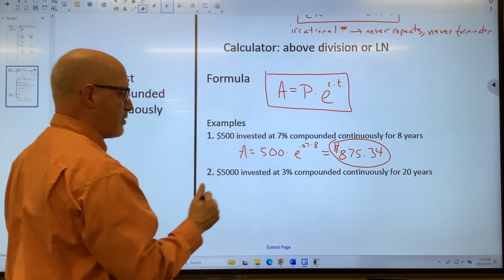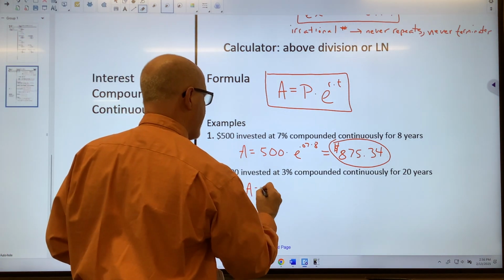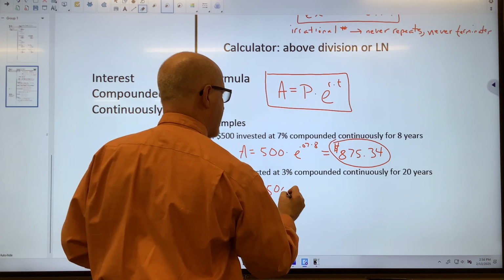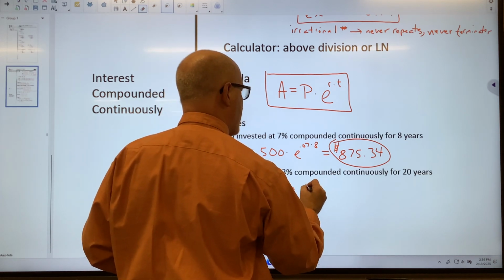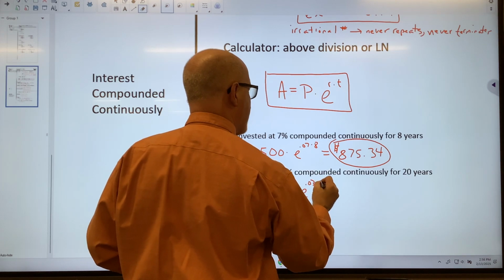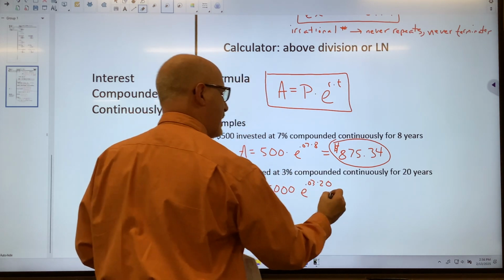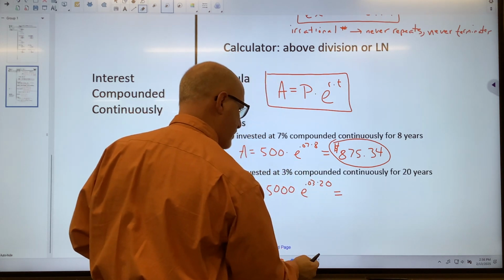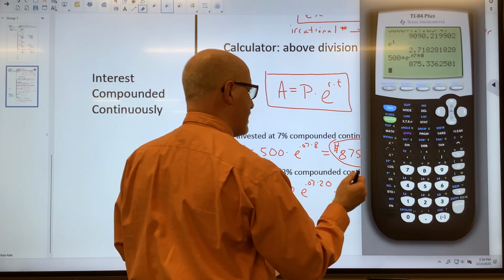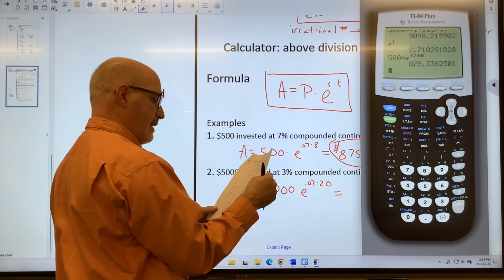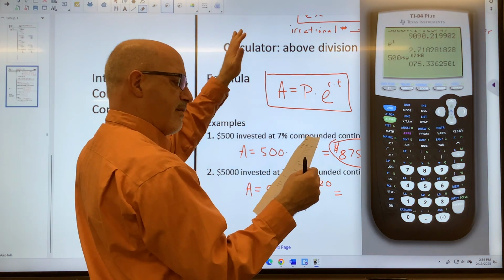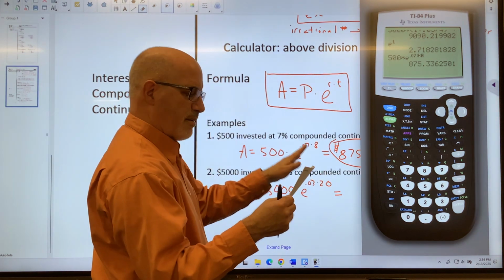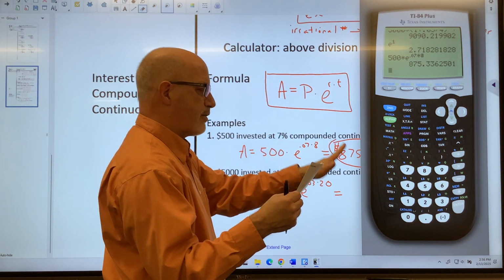All right, let's do this last one here. $5,000 at 3%. We're going to put e to the 0.03 times 20. Let's go ahead and check that out. We're going to notice that this one's like the one above. When we did number 2 above, that was 3% compounded quarterly for 20 years.